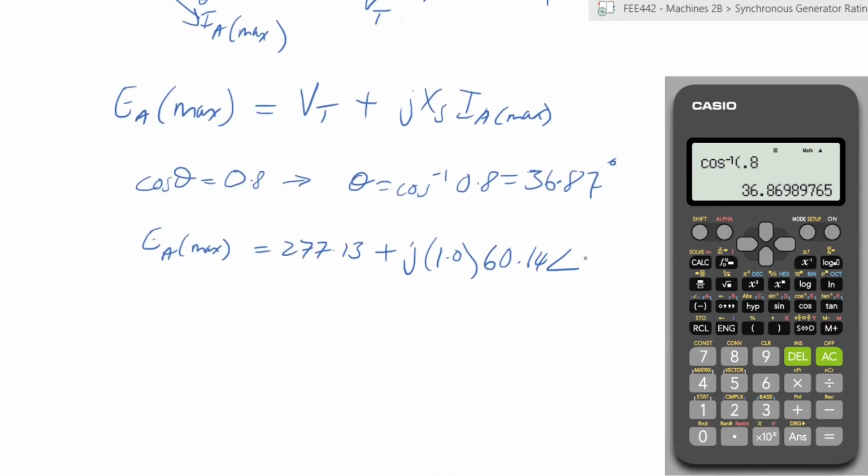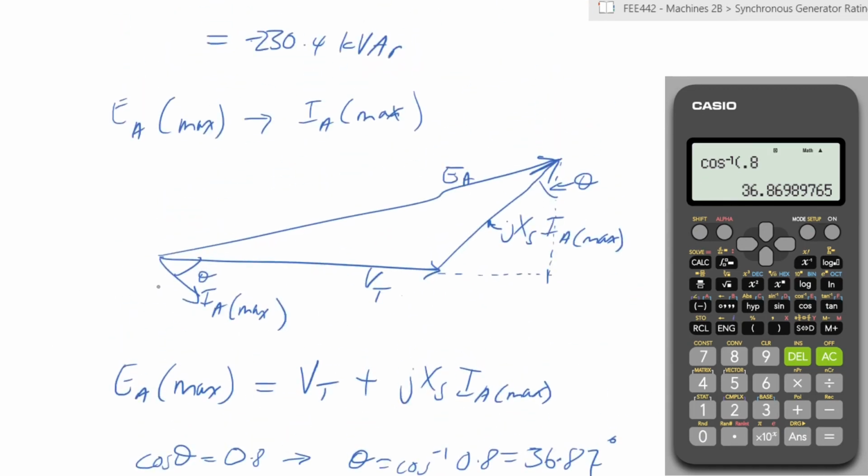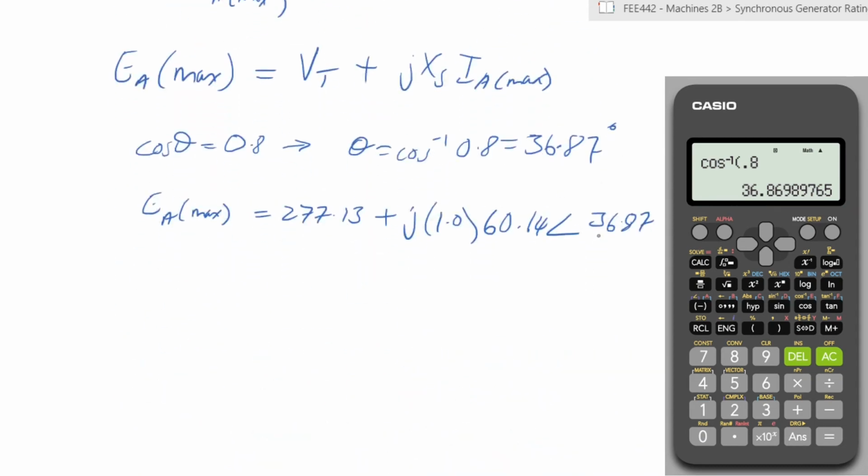60.14 amps at an angle of 36.87, right? So our IA here is at an angle of 36.87. But remember that it is in a negative direction, so you still have to put your negative here. 277.13 plus j times 60.14 at negative 36.87 degrees.